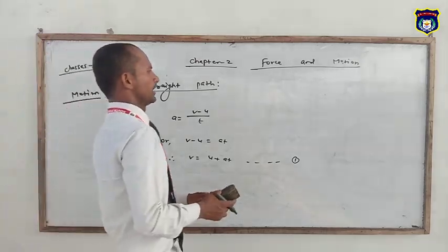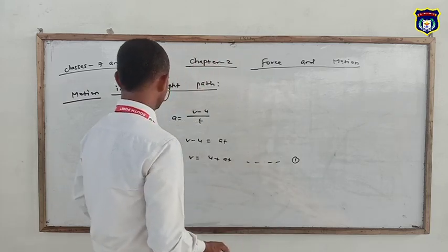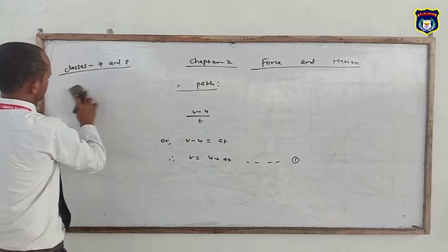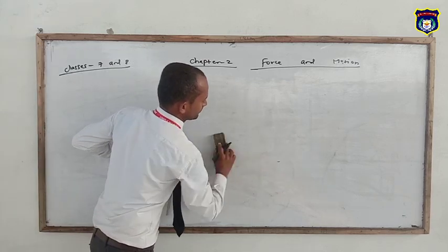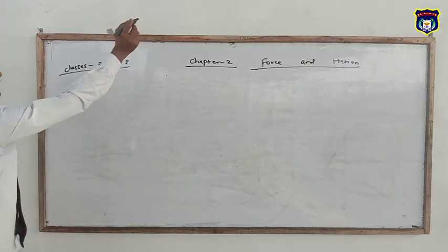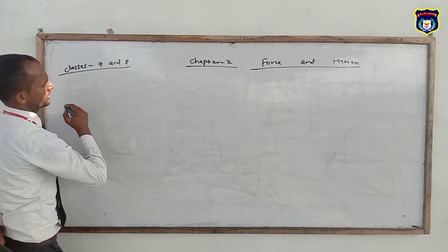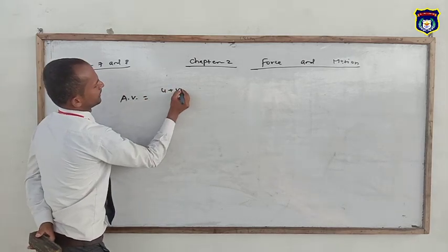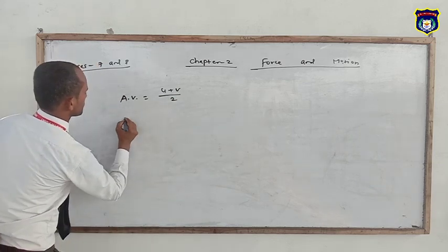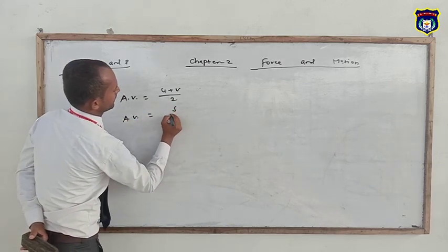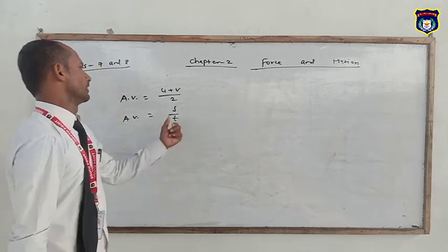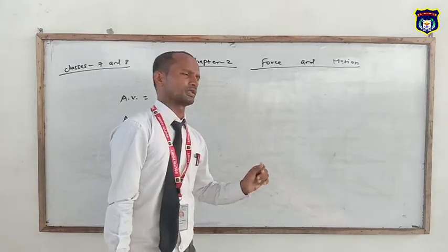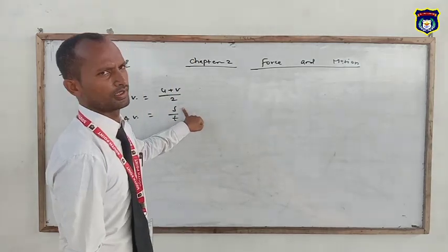And after this, next one: average velocity is u plus v by 2, and also average velocity is s by t, where s is the displacement covered, it is not suitable to say distance covered here, displacement covered per unit time.